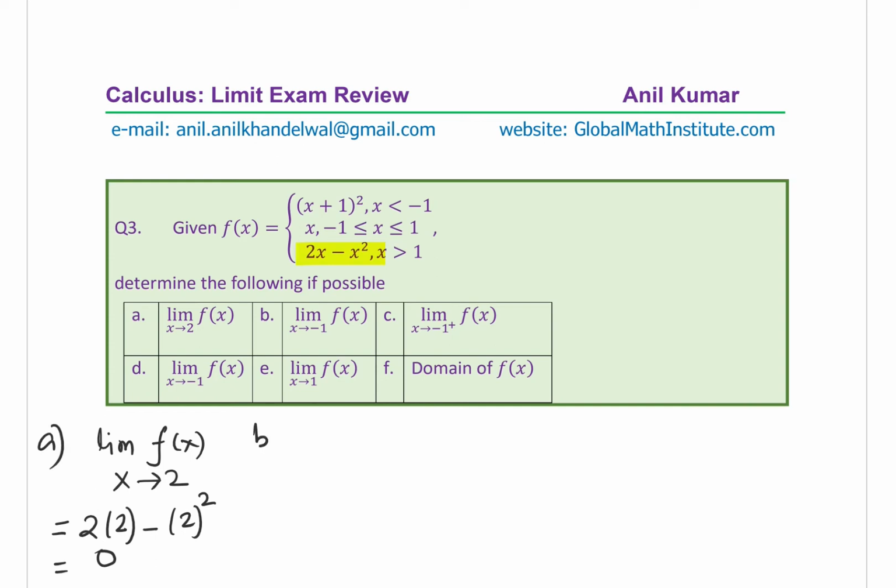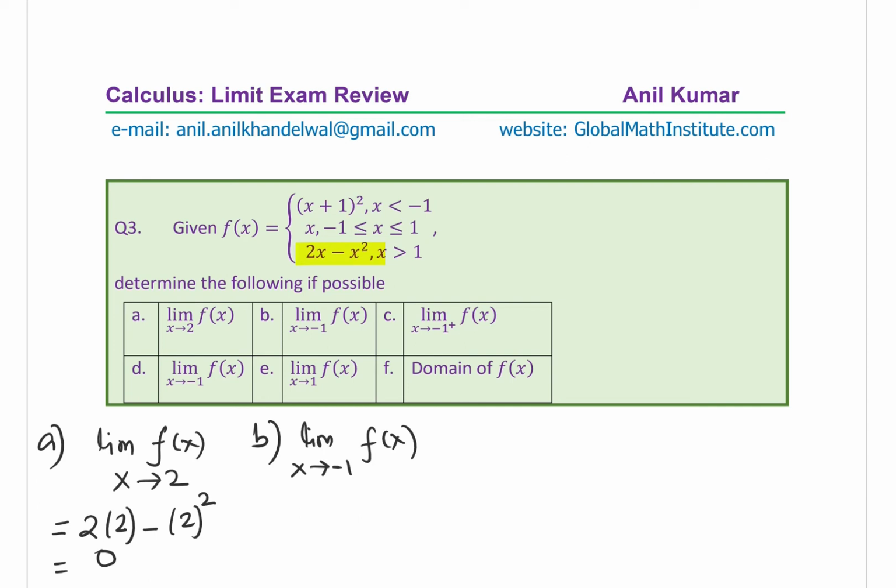Now B. B will be the limit of the function when x approaches minus 1. So we're seeing now the limit when x approaches minus 1 for the given function. So minus 1 will be where? Now in this particular case, you have to consider both sides, right? Because we have to find the limit when approaching minus 1.